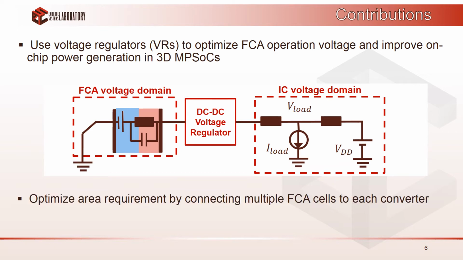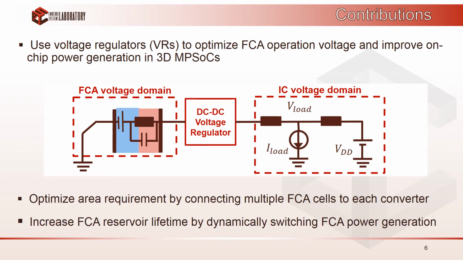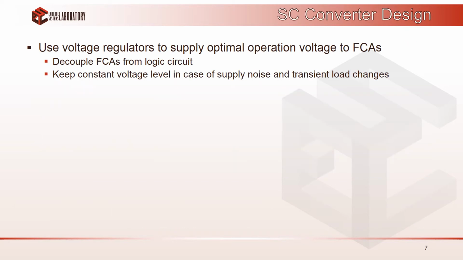Then we explore different configurations in terms of number of flow cells connected to a single converter in order to optimize the total converter area requirement. And finally, as converters enable switching on and off FCA power generation depending on processor utilization, we show that by doing so, we can increase the lifetime of the reservoir, which contains the electrolytic liquid flowing inside the FCA channels.